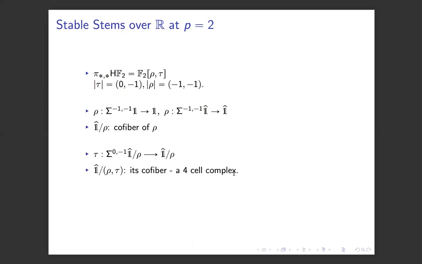This 4-cell complex looks very similar to a generalized Moore spectrum as studied in many cases in chromatic homotopy theory. So we can prove that up to cellular approximation, the analog of C-tau in the R-motivic case is going to be this 4-cell complex.